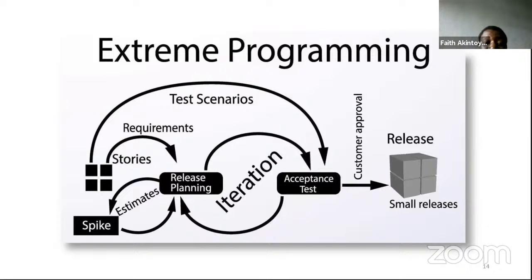Once it is tested, the feedback from that process is given back so that they can go over the project again, increment and add more features to the project, and then we have small releases until the project reaches its final state.